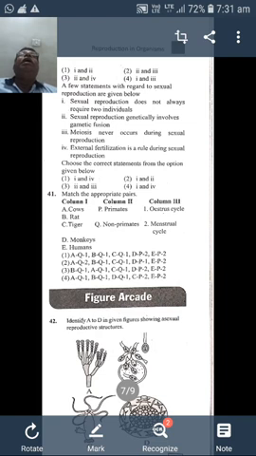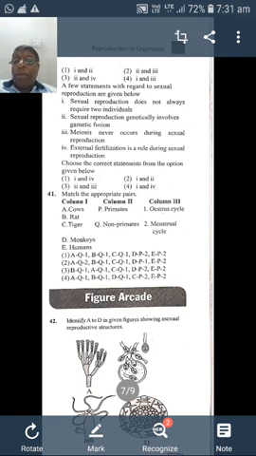Meiosis is compulsory. Without meiosis, gametes are not produced. External fertilization is a rule during sexual reproduction. No, not like that. Answer is first and second.